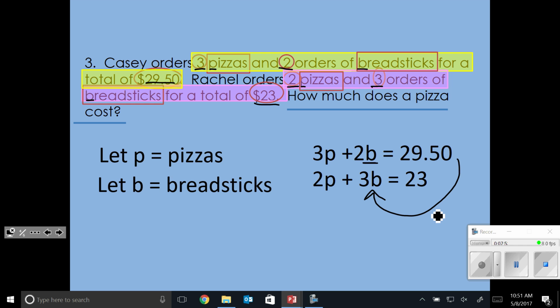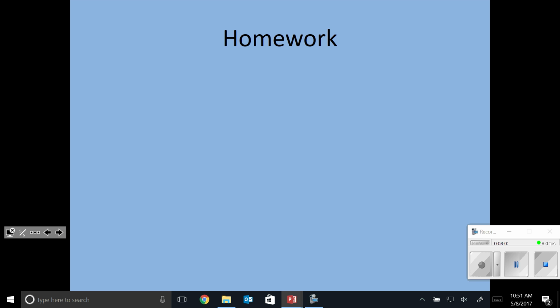You'll have a decimal to deal with, but at least it will be a terminating decimal, and you're talking about money anyways, which has decimals. So this is showing you how to set up your systems so that you can solve it, and on your homework you're going to have to set it up and solve it.